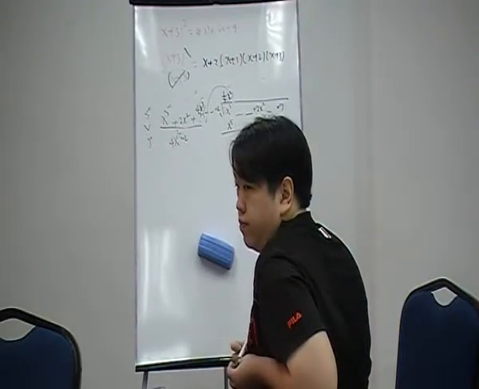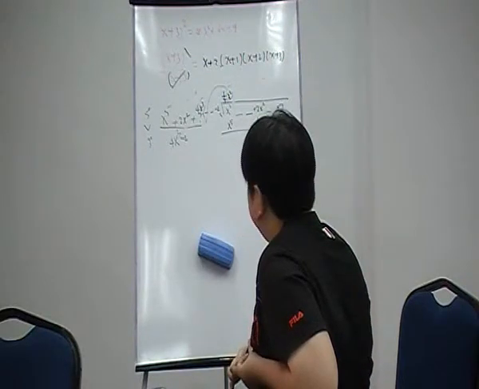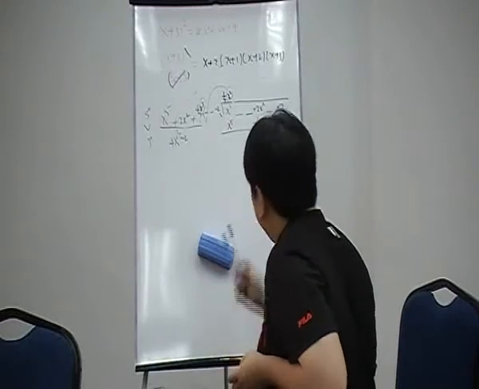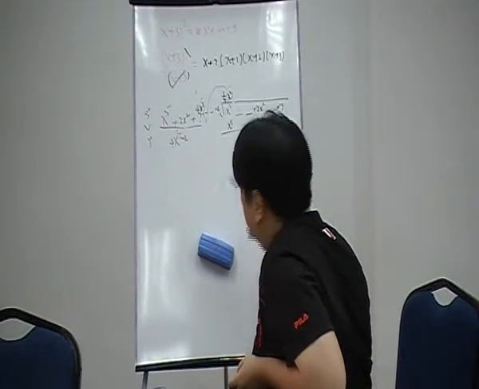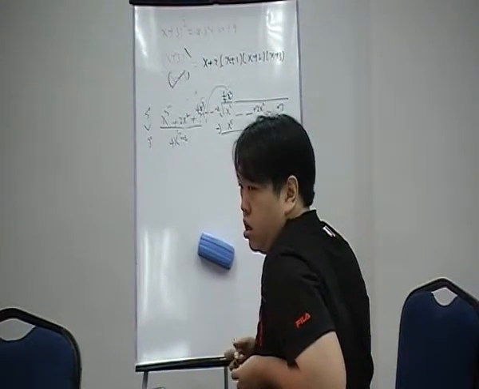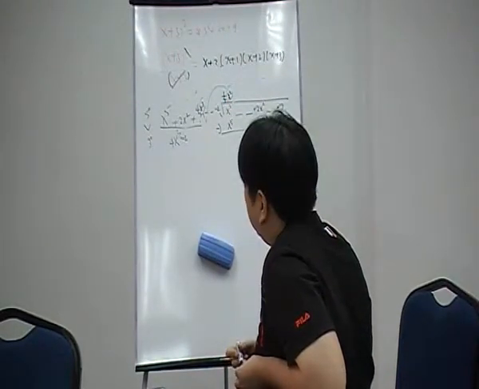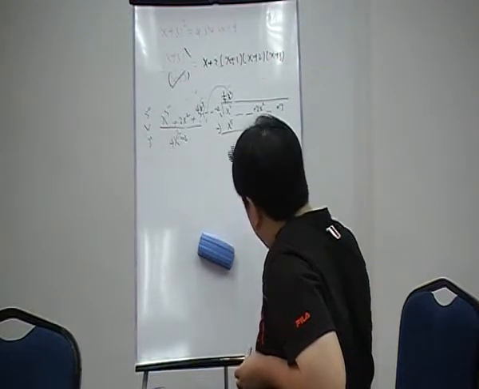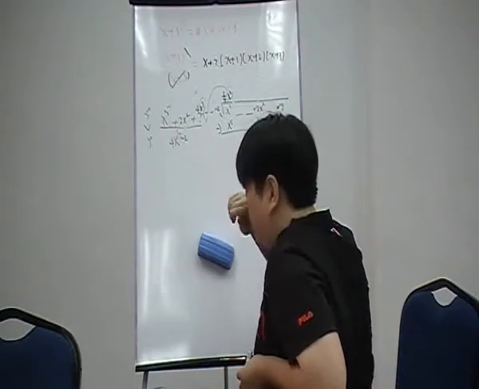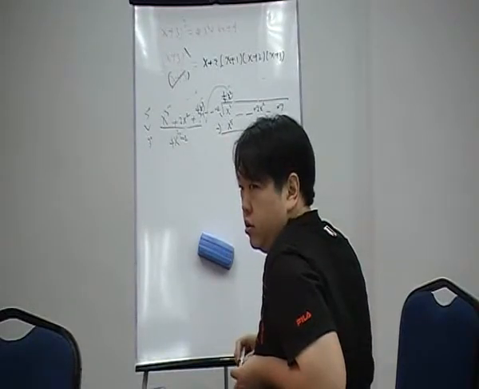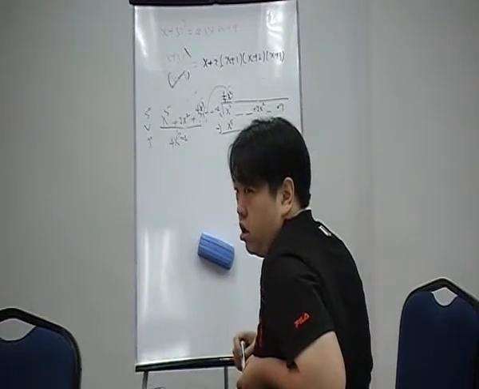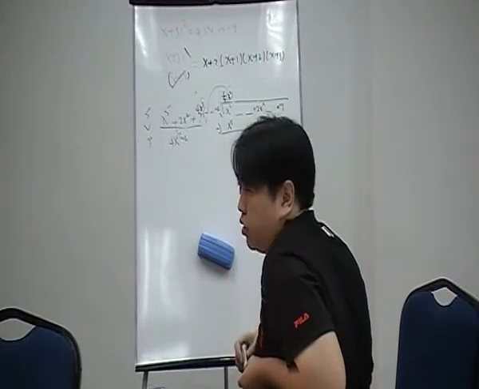No, because it's minus, right? Subtract. So it is 2 subtract minus half, so it's 2 plus a half, which is 2.5, and 2.5 is 5 over 2.